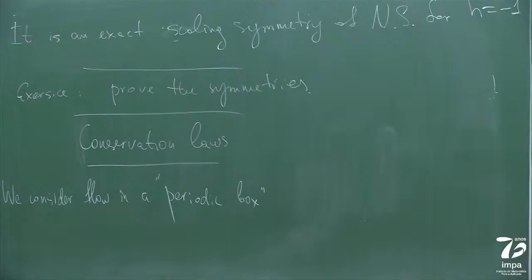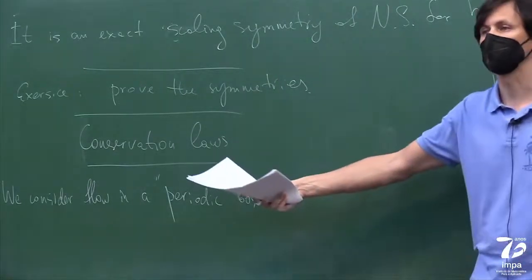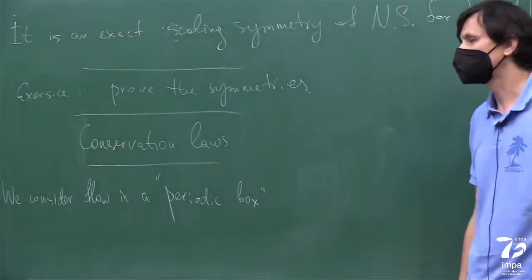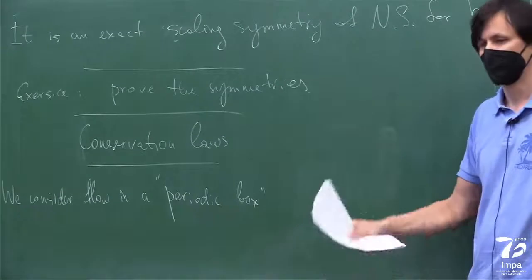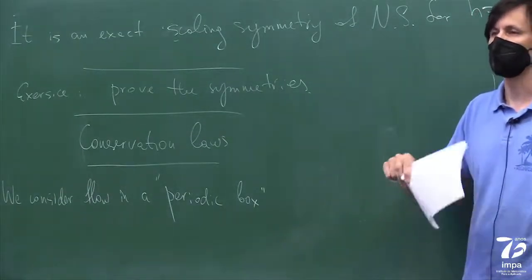You can in principle consider the flow in infinite space, but then you face another problem, because infinite space is not compact. It's very large, so you have problems with integration and everything. So how do you have a compact space on one side, and no boundaries on the other?